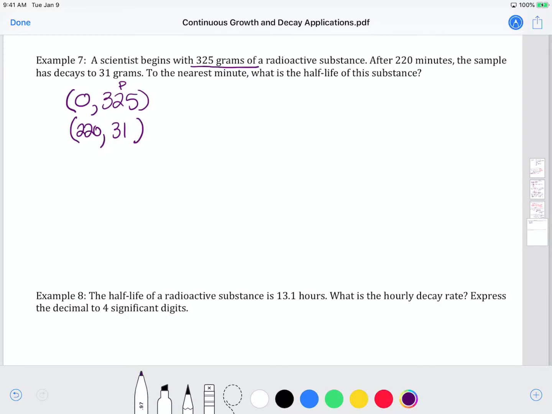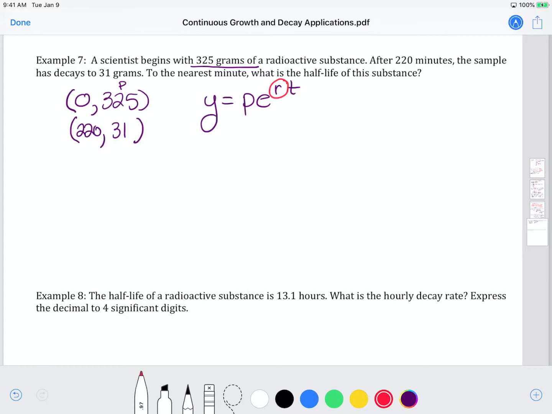So we've got 2 points here. What I want to do is plug this into my equation so I can figure out what my R is. I need to figure out what my rate is so that I have a complete equation.